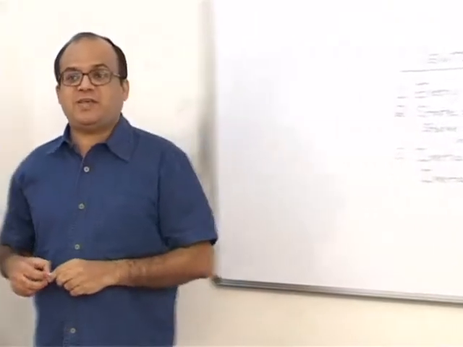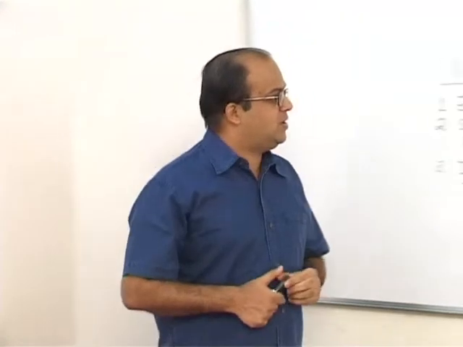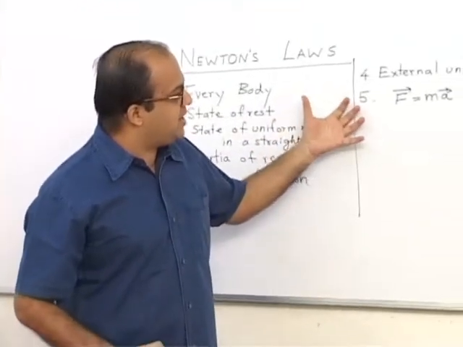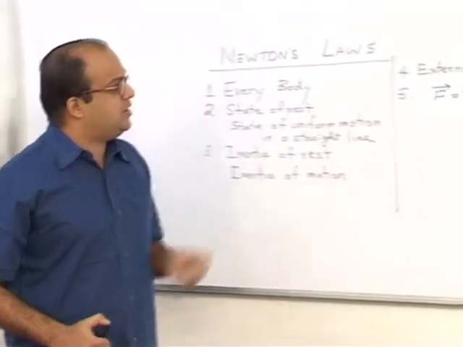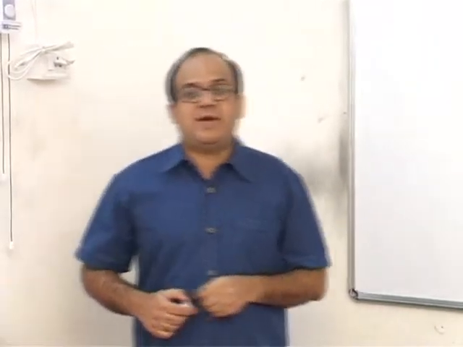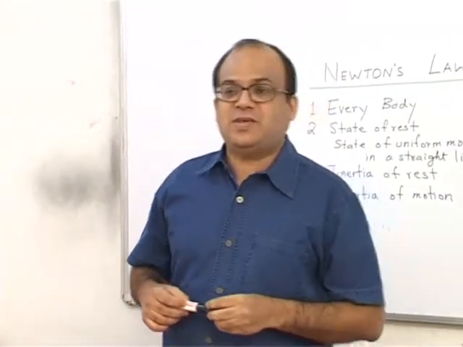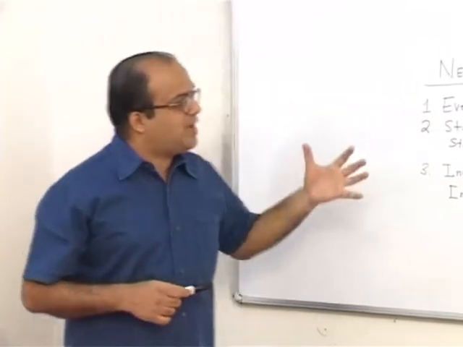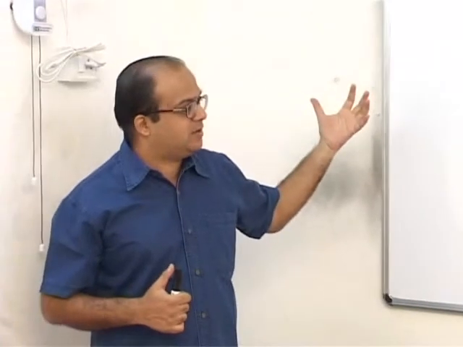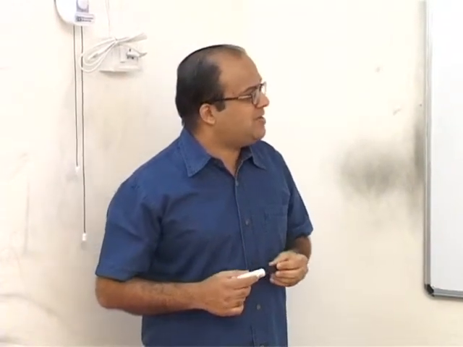And this is what is Newton's first law. So Newton's first law can be mathematically derived from Newton's second law. Same way, we can mathematically derive Newton's third law from Newton's second law. Then why are the first and third law required, if both can be derived mathematically from second law?